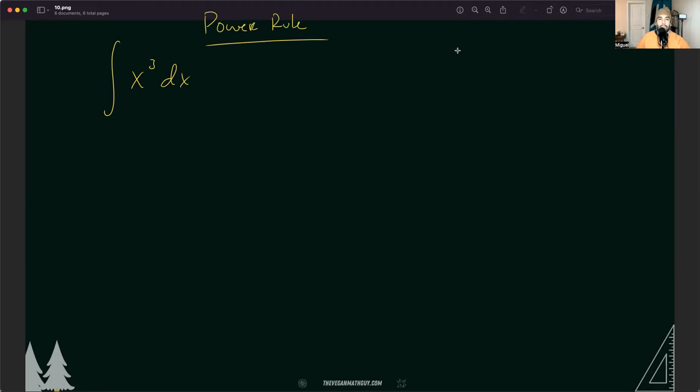If you recall, the power rule is kind of like a differentiation, but we're just working backwards. We're going to add 1 to the power. In this case, the power was 3, so we're going to add 1 to that. So we have x^(3+1), and we're going to divide by the new power that we have. In this case, it's going to be 4, because 3 plus 1 was 4. And we always need to make sure that we include the plus c.